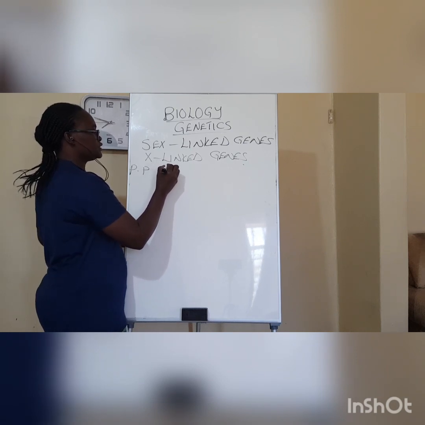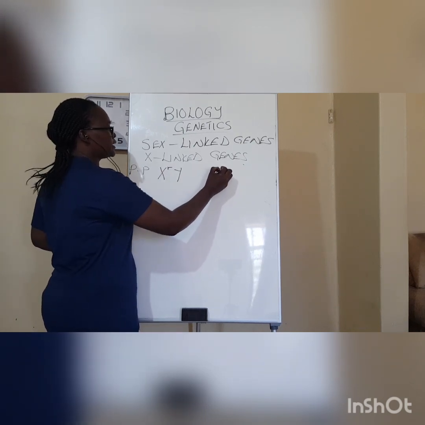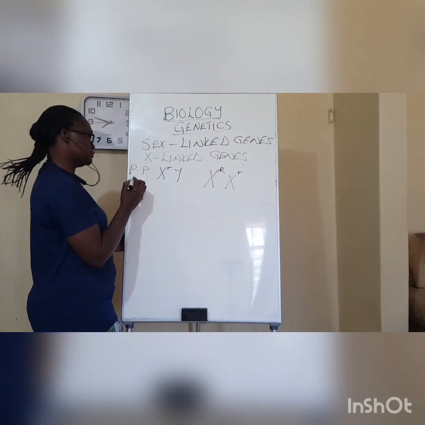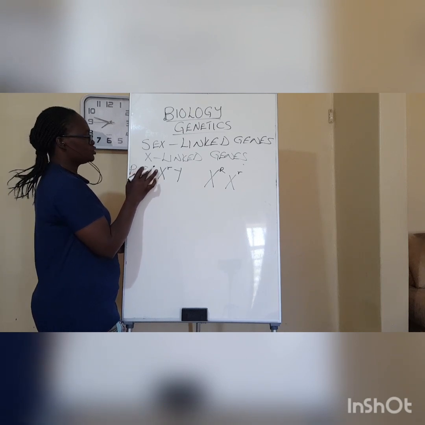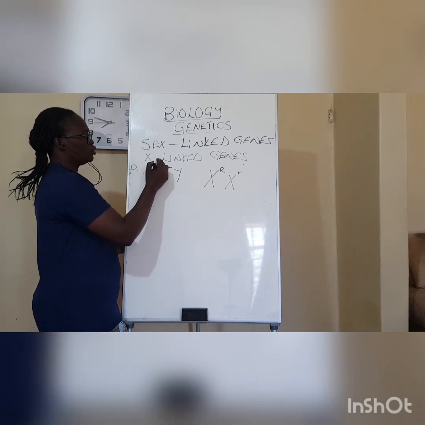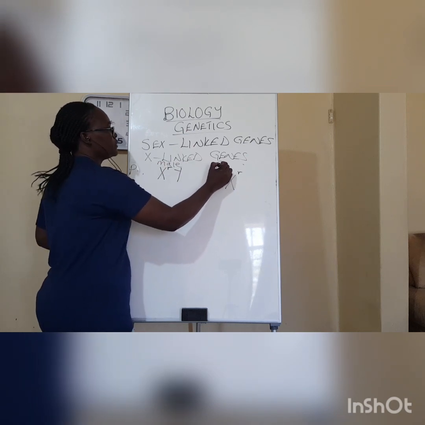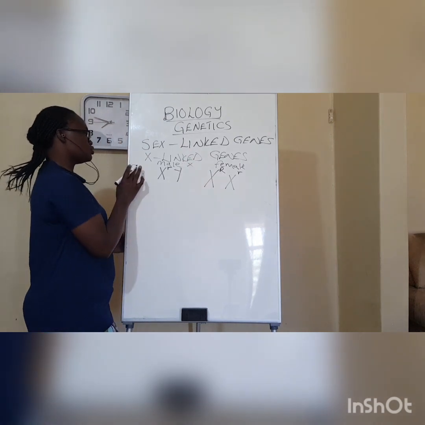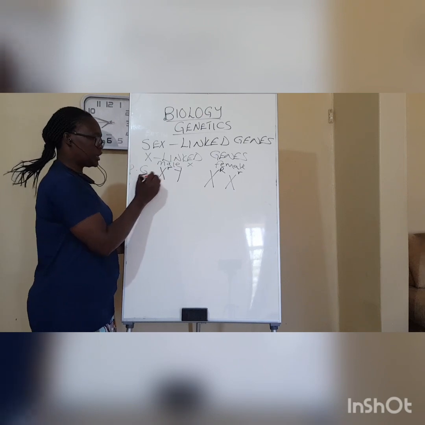This one is recessive, we use small letter r. And the female who is a carrier, so has got capital and small letter. Parental phenotype is male, and here female. We cross. So this one is the parental genotype.